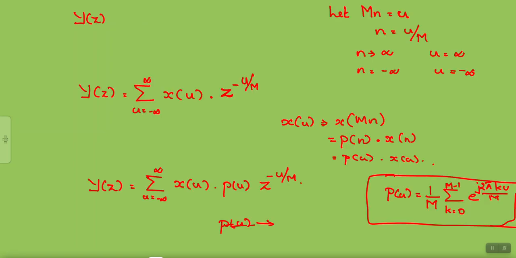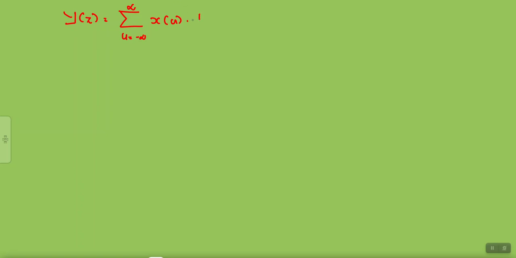So y of z equal to summation u equal to minus infinite to plus infinite x of u into 1 by m summation k equal to 0 to m minus 1 e raised to j 2 pi uk by m z raised to minus u by m.